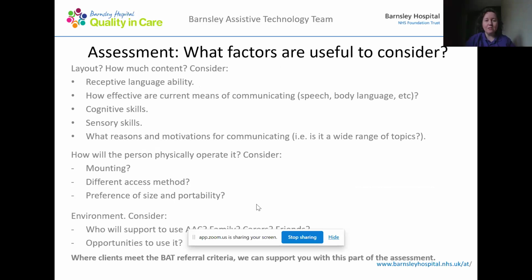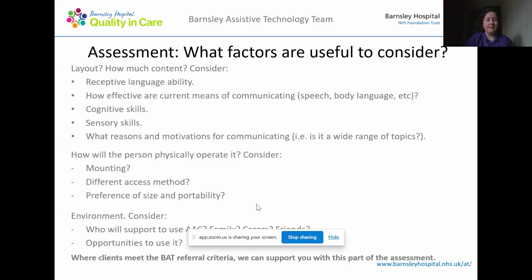Just a little bit about what's useful to consider, things that I felt anecdotally are useful. So in terms of thinking about the layout, their receptive language ability is useful for us to know about, how much they understand. It's really helpful if we get assessment information as well.